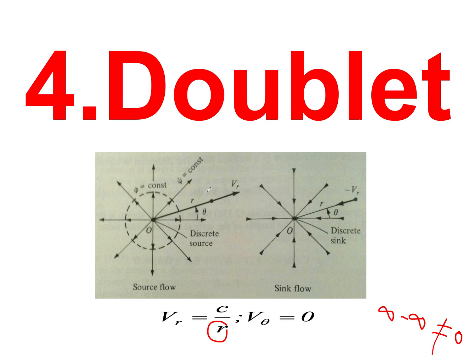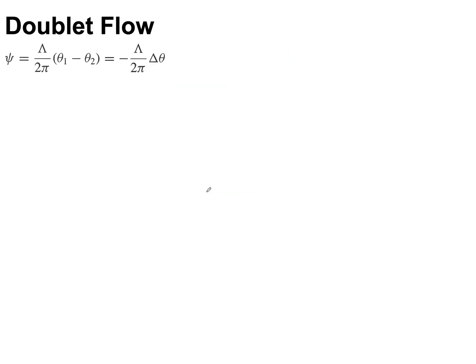So let's do this. There's an elaborate mathematical technique in the book that we are just going to go over really quickly. So let's now put a source and a sink right next to each other, but now they're separated by a distance L. I put a source and a sink, and each one measures an angle, theta 1 and theta 2.